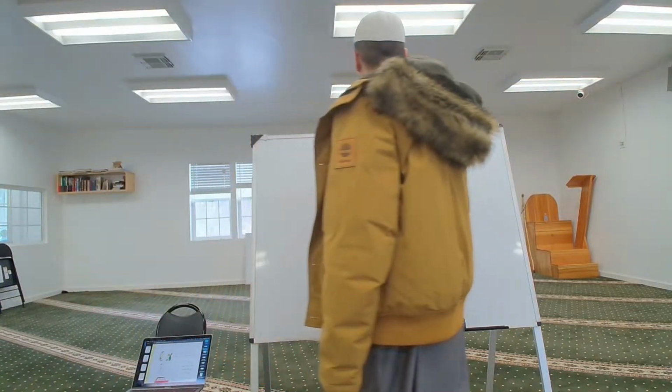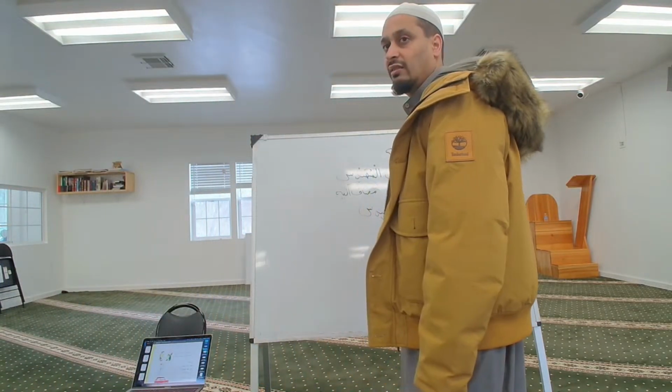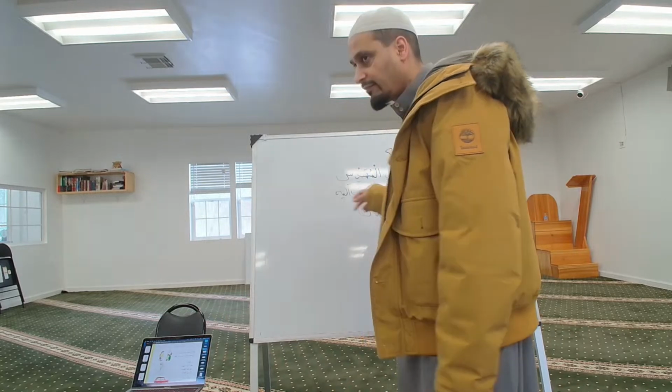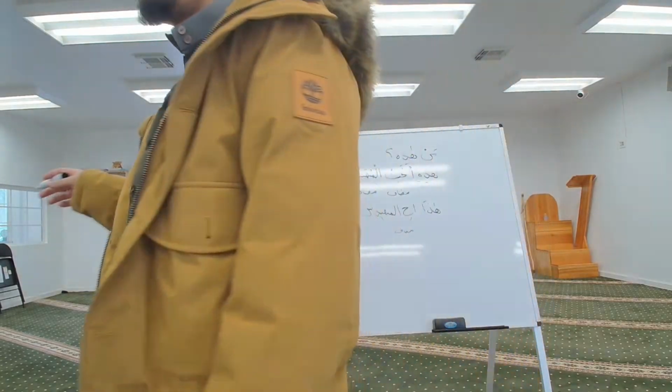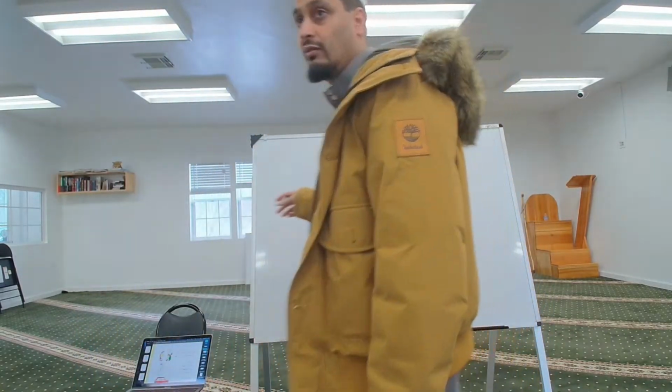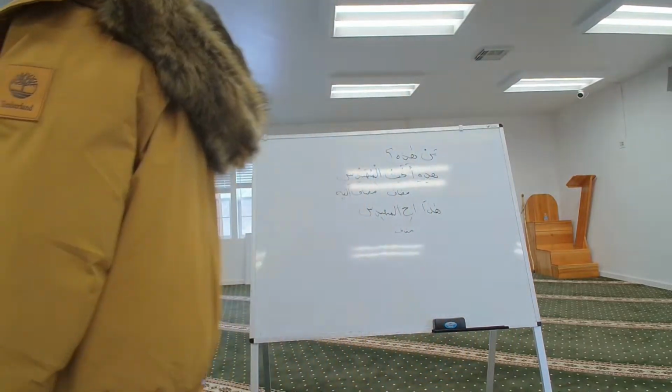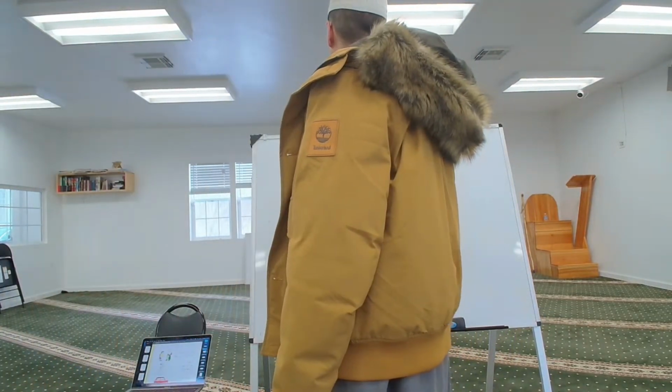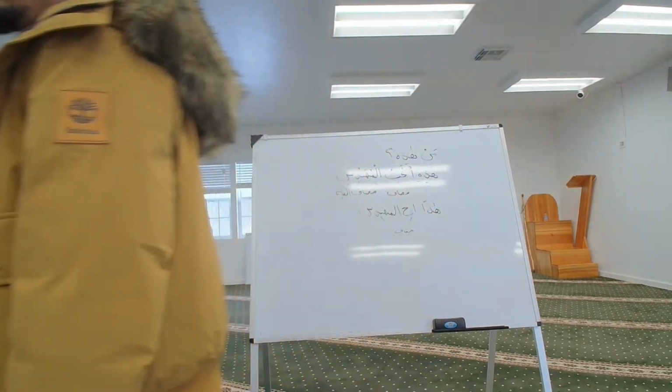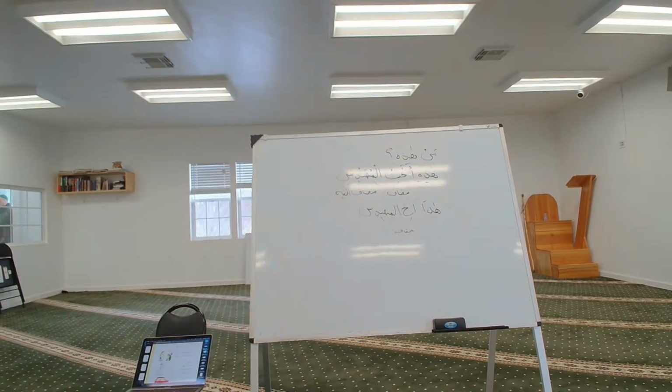So only the subject is going to change. What if muhandis was feminine? Then you would just change this: ukht al-muhandisati. It doesn't have to be a male engineer, it could be a female engineer too.